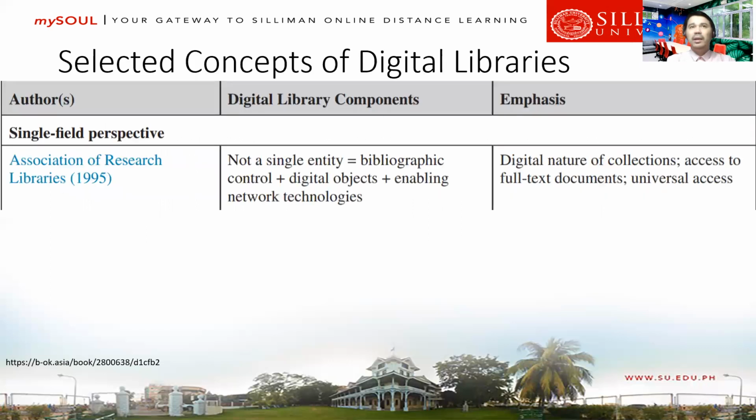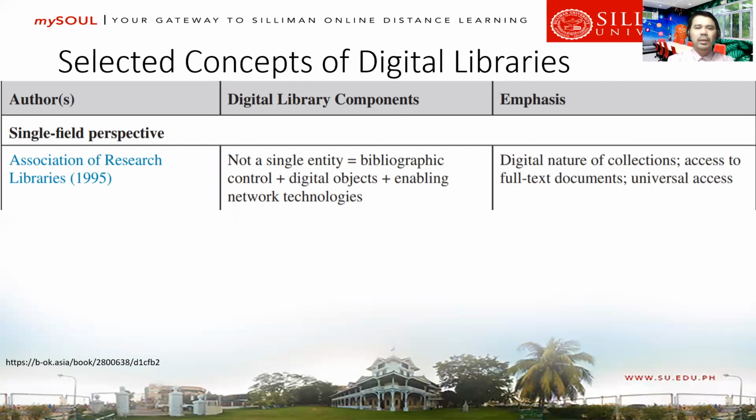Now, there are selected concepts of digital library, which are very significant for us in learning the concept of digital libraries. The first author is coming from the Association of Research Libraries.